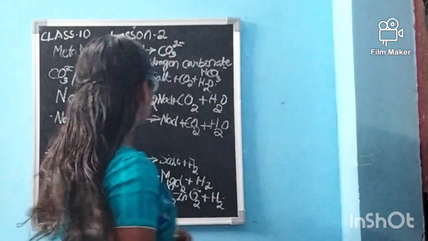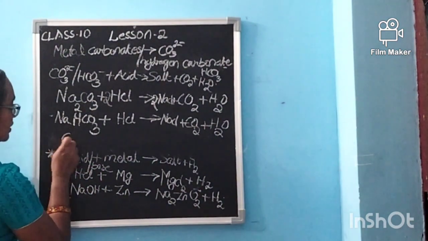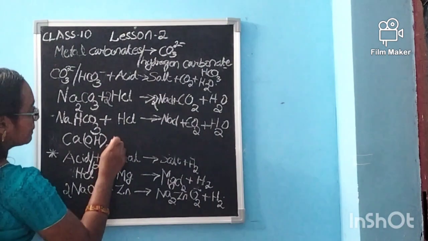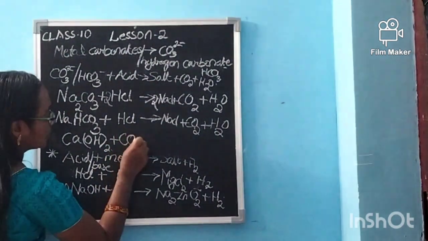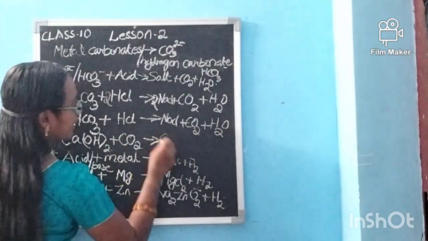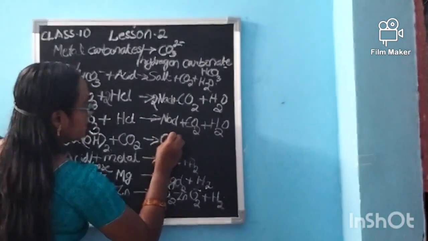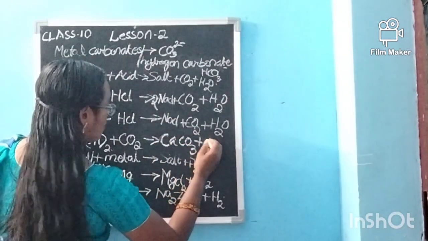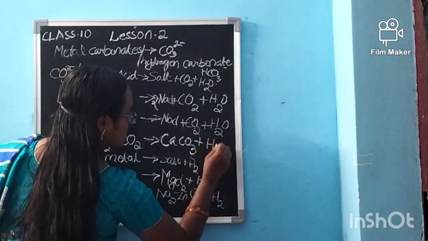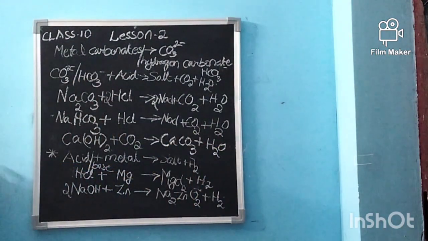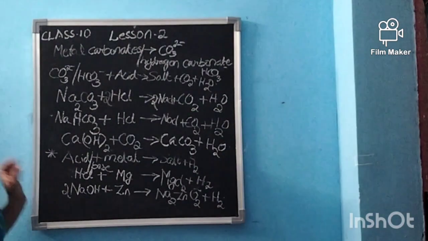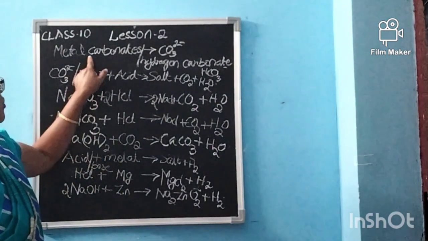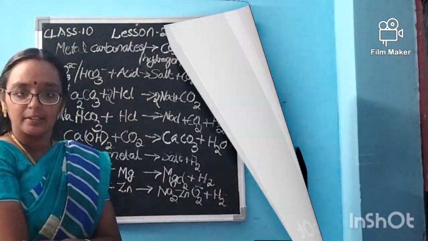Ca(OH)2 plus CO2 gives CaCO3 plus water. Did you get it? This is the equation. Now this is the reaction of metal carbonates and hydrogen carbonates with acids.